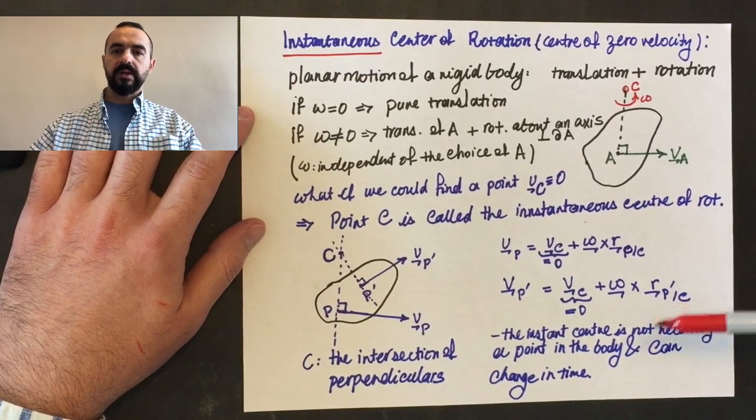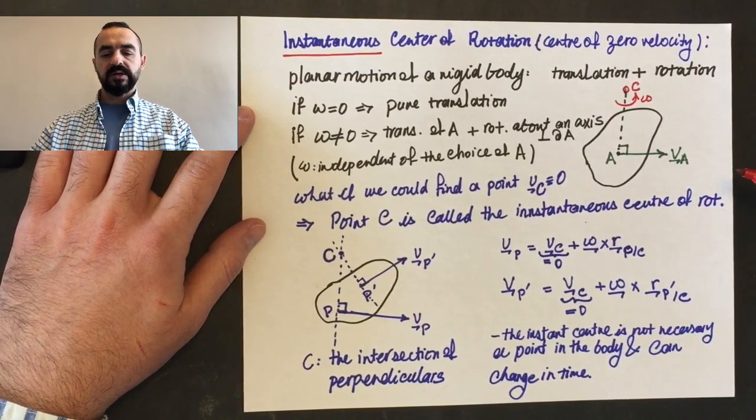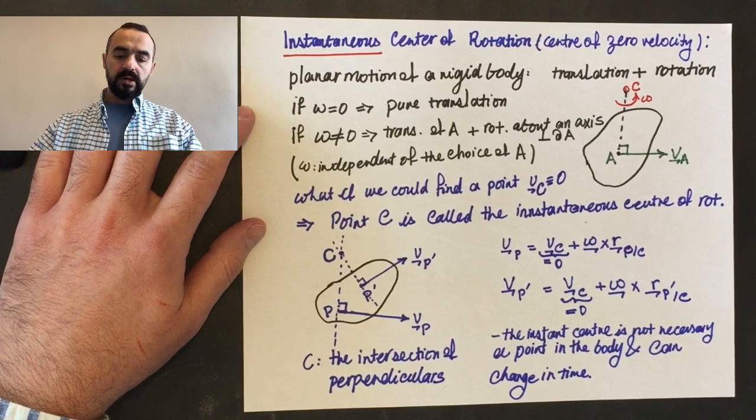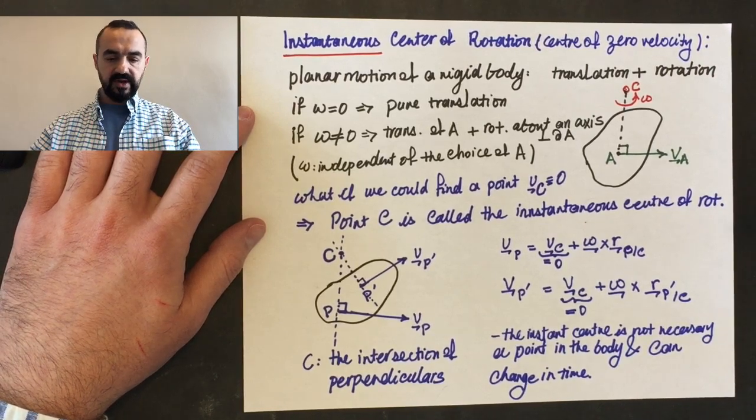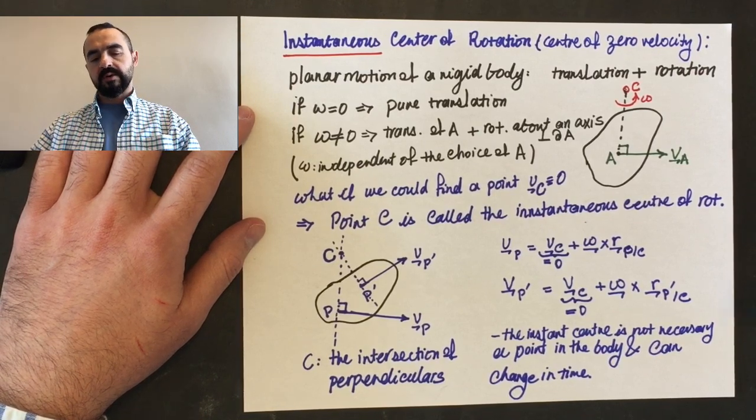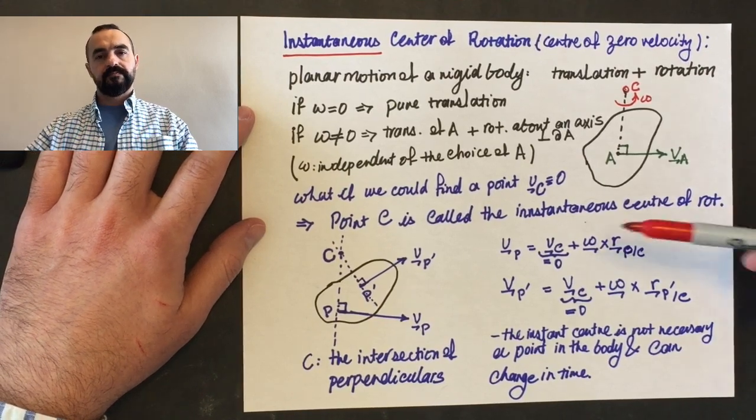Again, we're talking about planar motion of rigid bodies, and just to remind you, omega is independent of the choice of A. Now, the question is, what if you find a point where the velocity is 0?